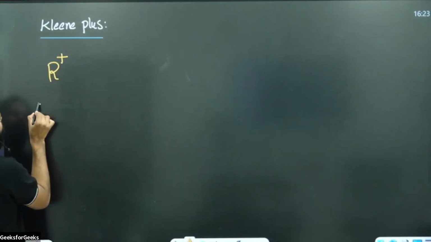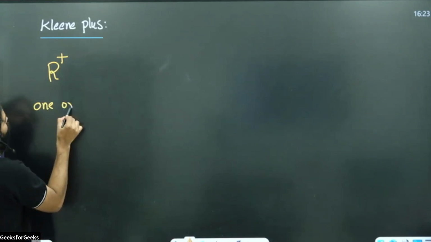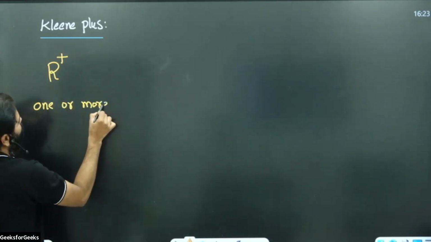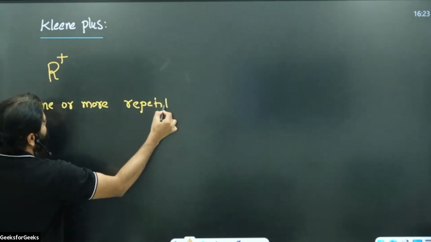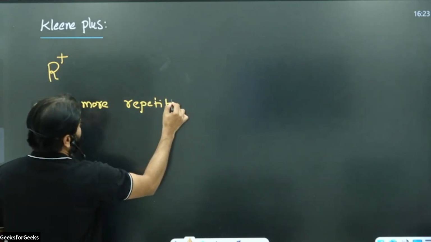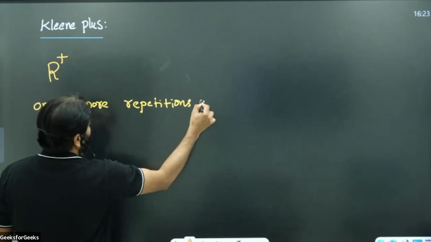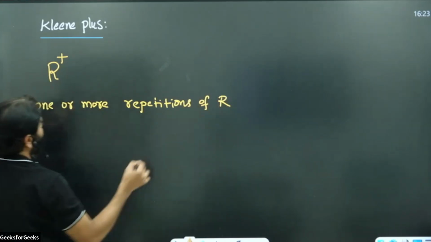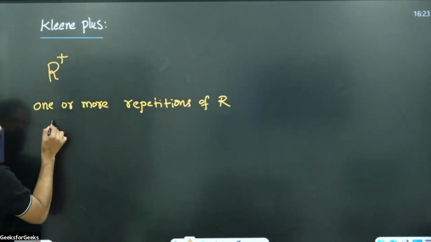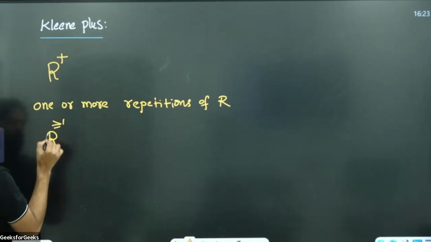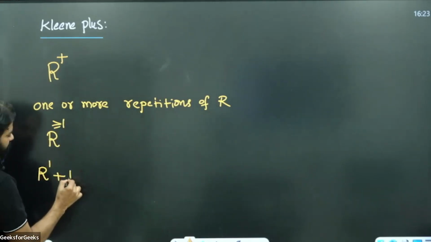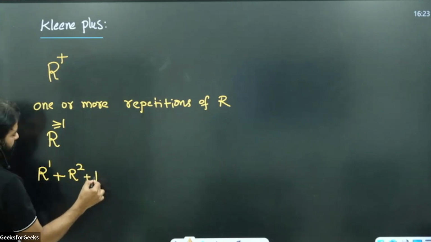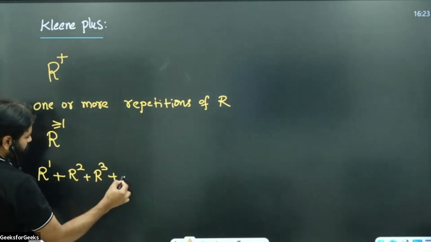This is the same as 1 or more, instead of 0 or more, 1 or more repetitions of R. It's the same as R with exponent greater than or equal to 1. If you simplify it, R power 1 plus R power 2 plus R power 3 plus and so on.